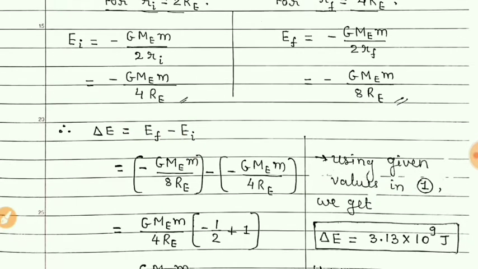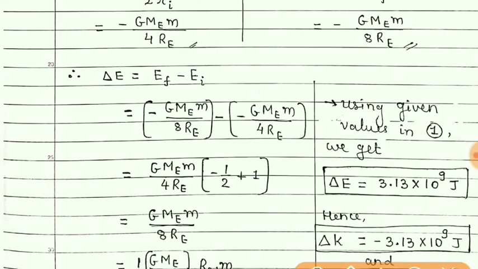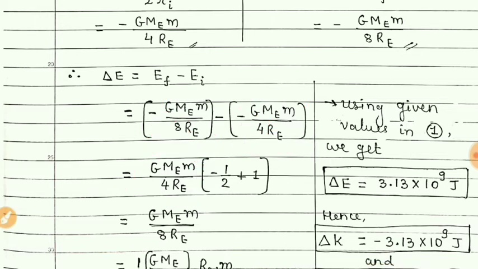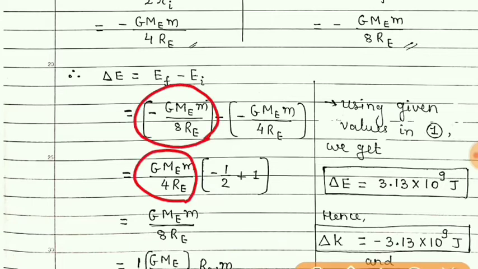Now there is a simple calculation. In these two terms, GMEM upon Re is common, and as here there is 4 and here also 8, 4 is common on both sides. So we have taken out that common thing. GMEM upon 4Re is common. If this is taken out, what remains in this term?